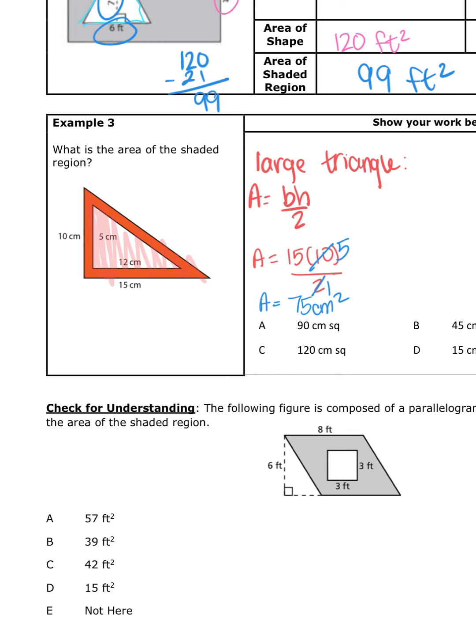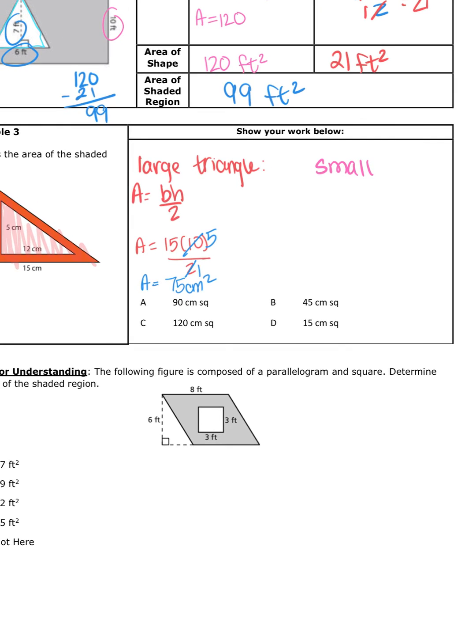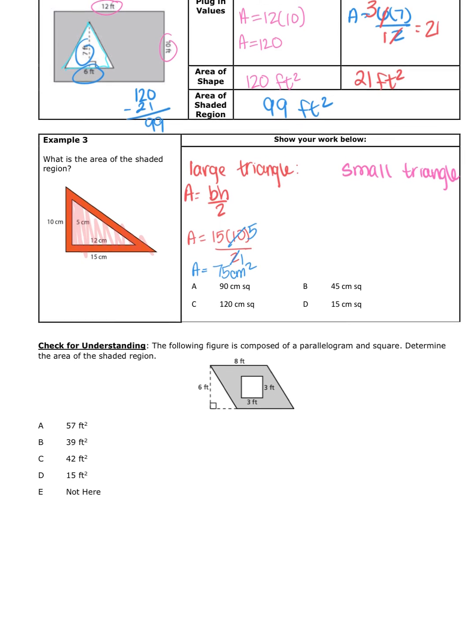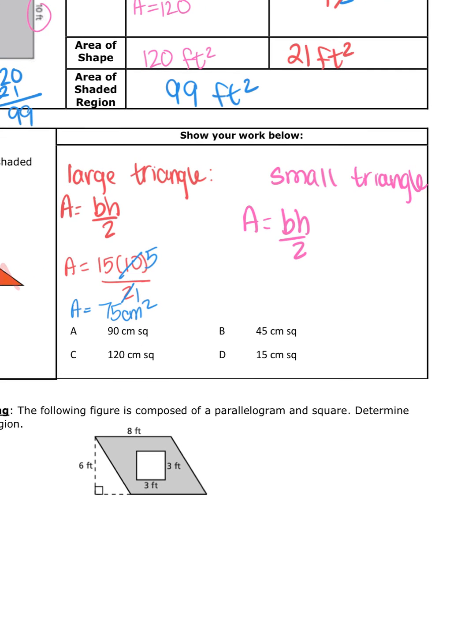So now I'm going to look at the smaller triangle. Again, that is area equals base times height divided by 2. And I can see that I have a base of 12 and a height of 5.